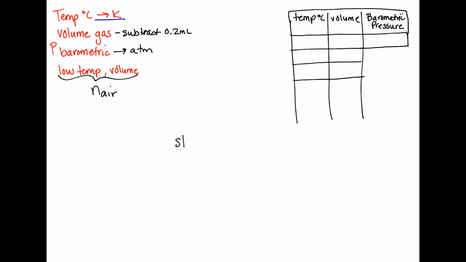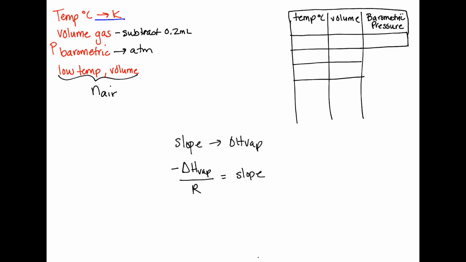Now remember, when we're going from the slope of the line to the delta H of vaporization, we talked about how the slope is negative delta H of vaporization divided by R. Okay, so that's what the slope actually represents.